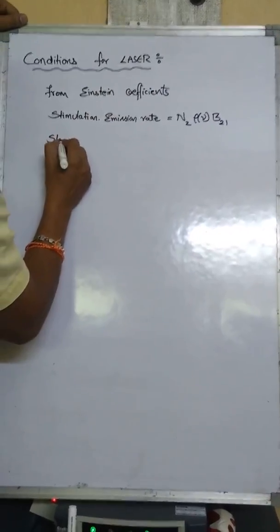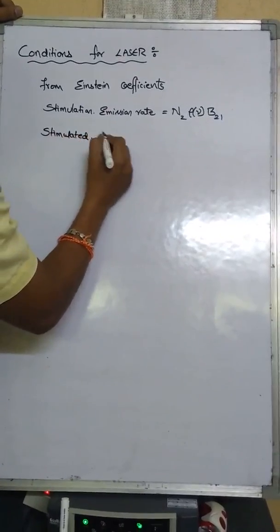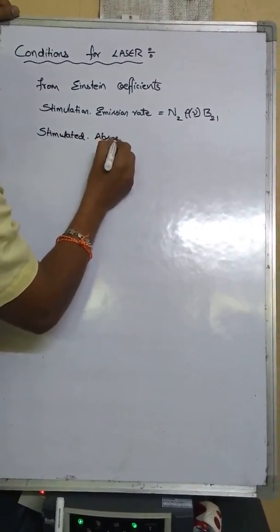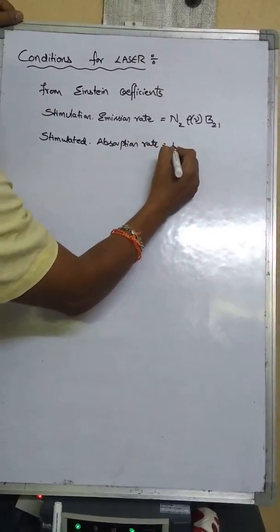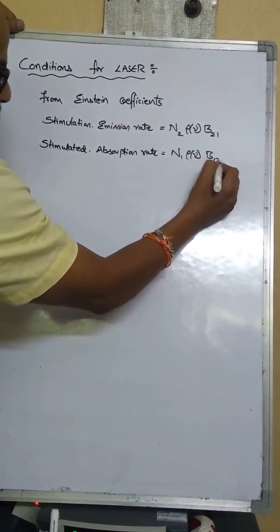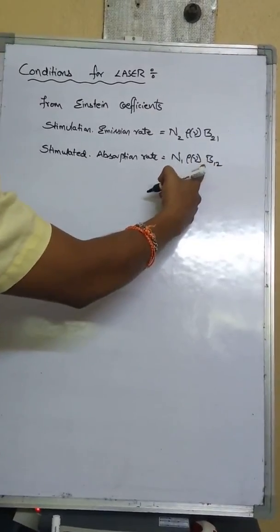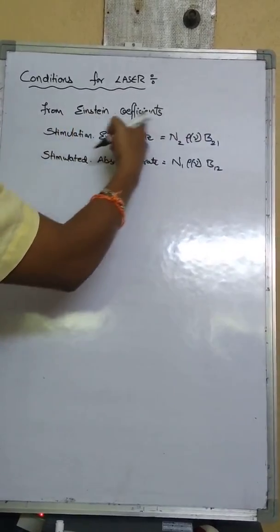And also we have the stimulated absorption rate, that is N1 rho nu B12. So this is equation 1, and this is equation 3 in the derivation of Einstein coefficients.